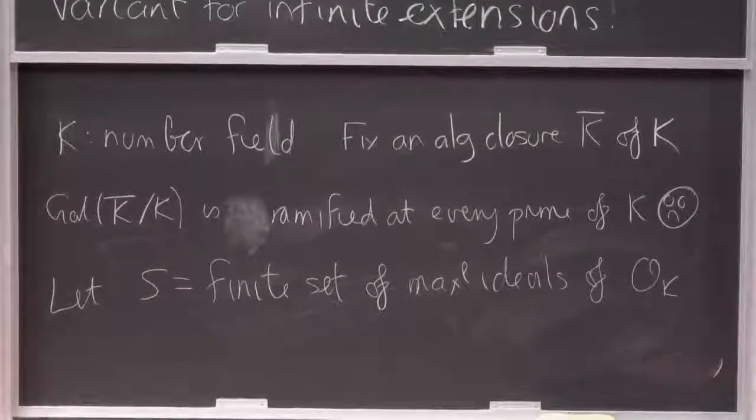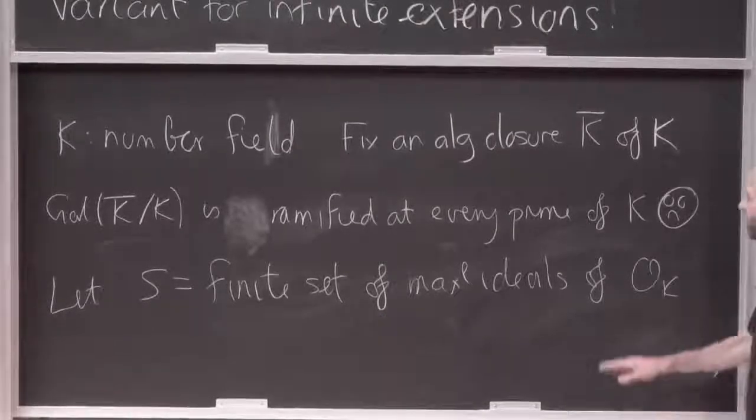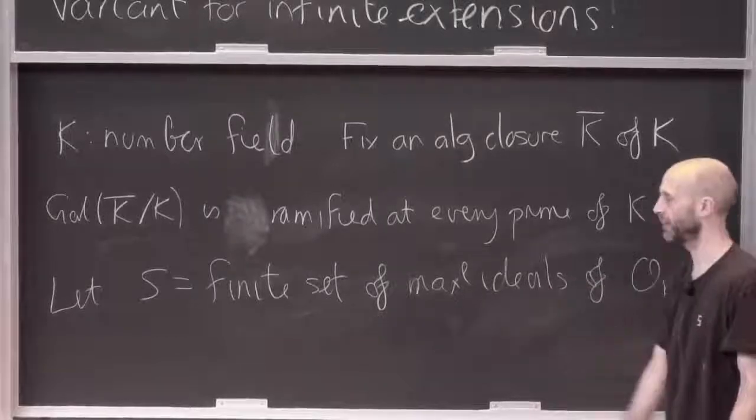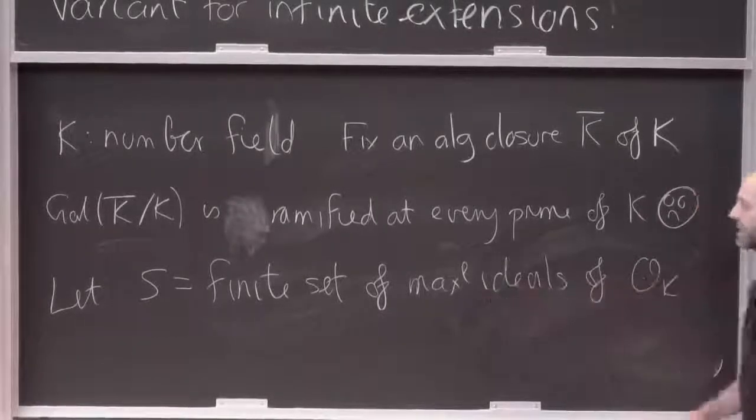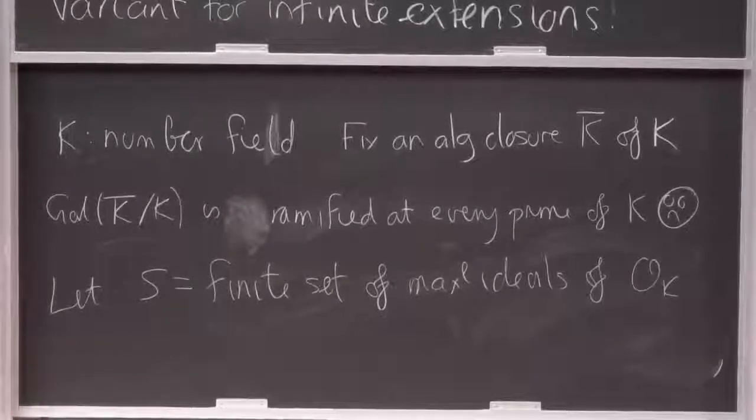People often talk about primes of O_K or prime ideals of O_K, but I can't get away from the fact that the zero ideal happens to be a prime ideal by definition. And you don't really want to talk about zero. So I always have to write non-zero prime. I've just got sick of it now and written maximal. That's the same as saying prime but not 0. So let's have S be a finite set of problematic primes where we're not going to attempt to define frob P.